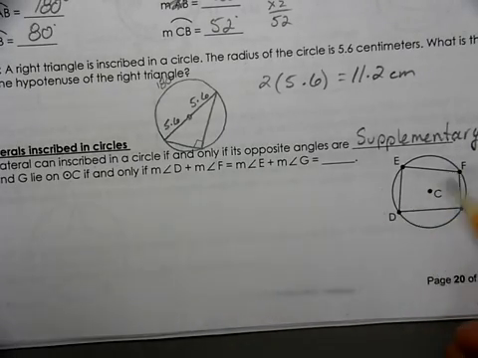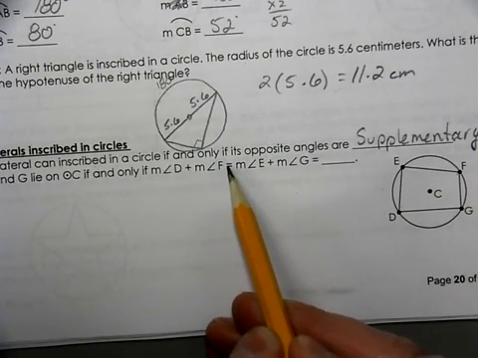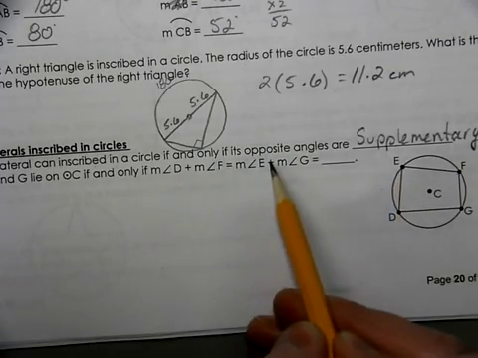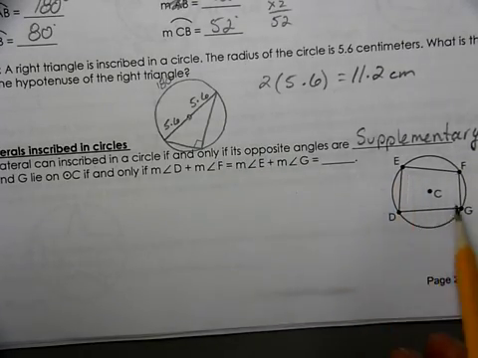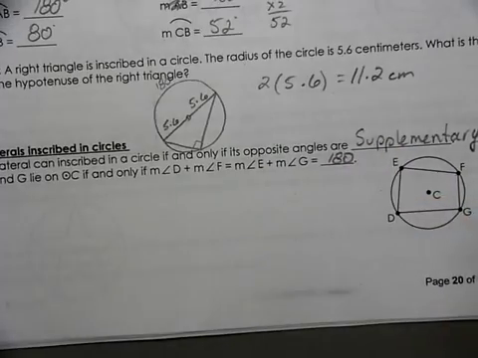So what we notice about D and F, they have to add up to be 180. The measure of angle D plus the measure of angle F have to equal 180. The measurement of angle E plus the measurement of angle G, they're opposites. They have to add up to equal 180.